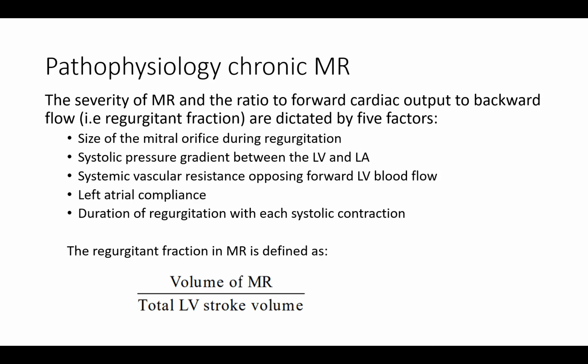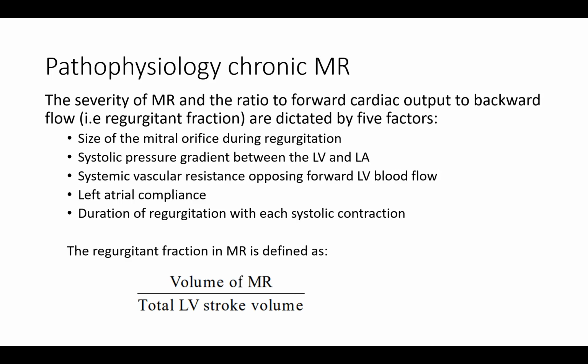Systemic vascular resistance: if there's a lot of peripheral vascular resistance, it will further reduce the stroke volume, because if there's high pressure in the aorta, the blood would rather flow back into the left atrium, which is easier because it's lower resistance.